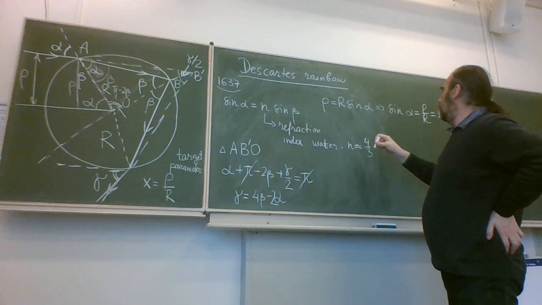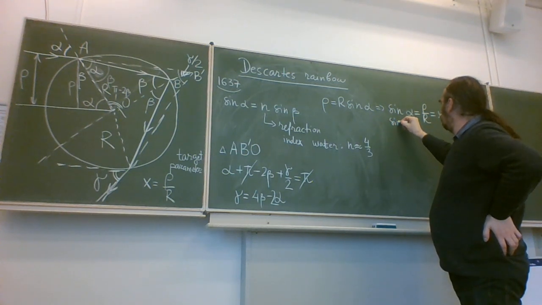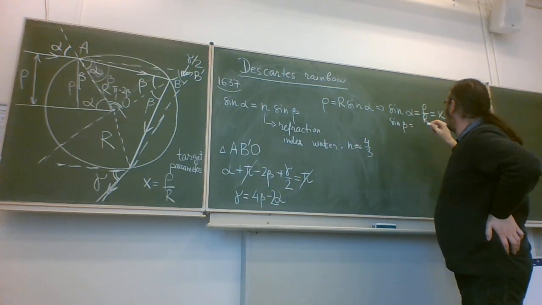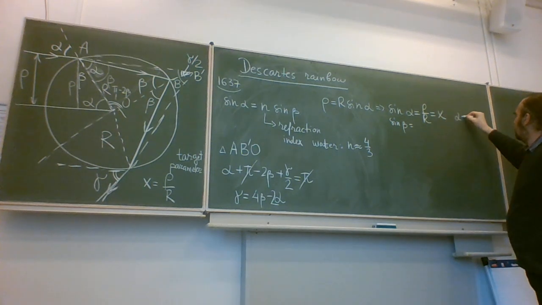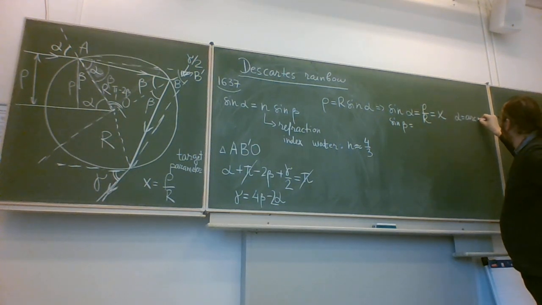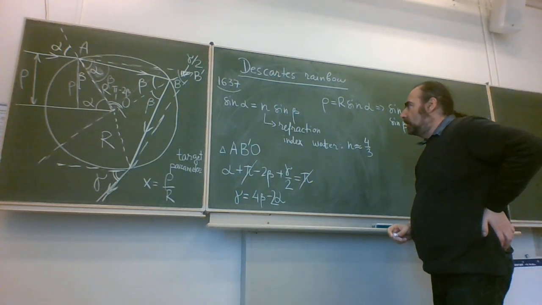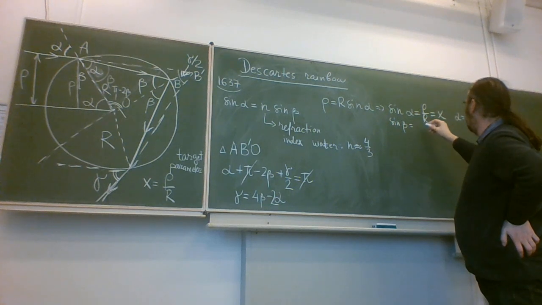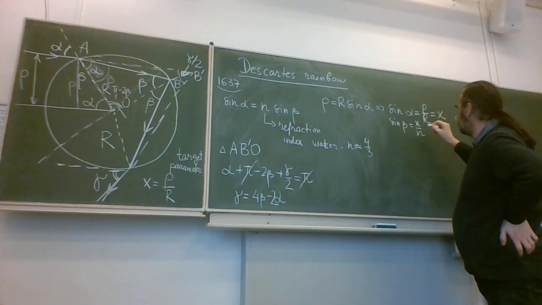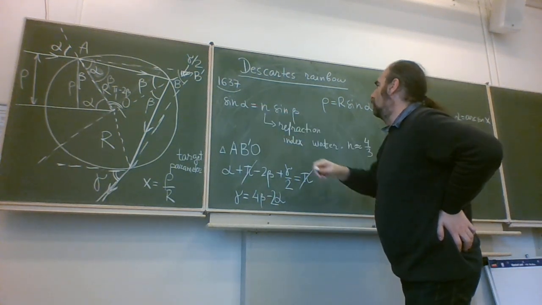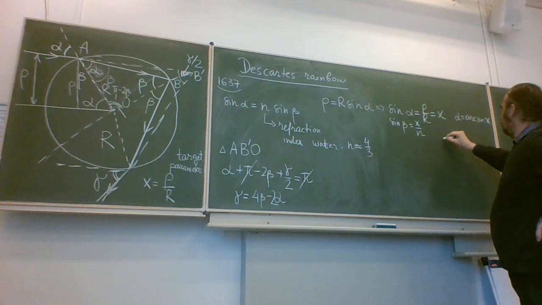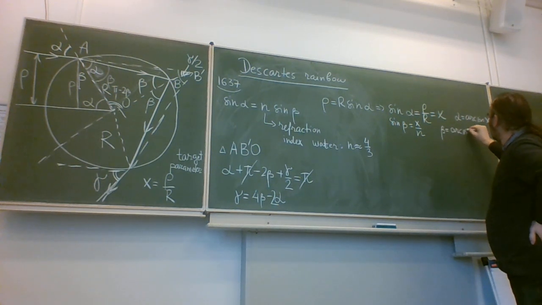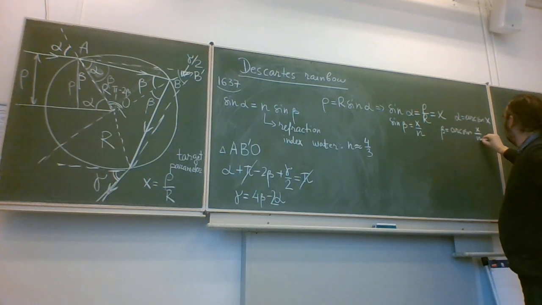So I can write alpha as arc sine of x. And from here we get the sine of beta: sine of beta is x over n, because it's 1 over n sine of alpha. And then beta is arc sine of x divided by n.